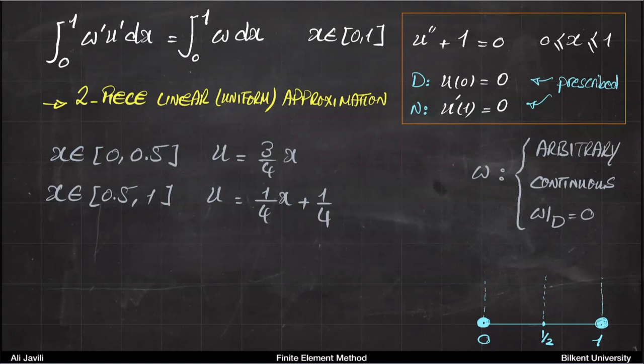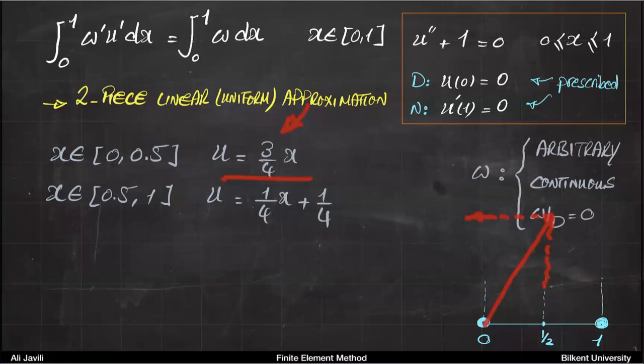This is going to be a line starting from 0 with a slope of 3/4. Okay, so it would look like this. Let's say it has a high slope, and then at x equals 1/2, it would hit 3/8.